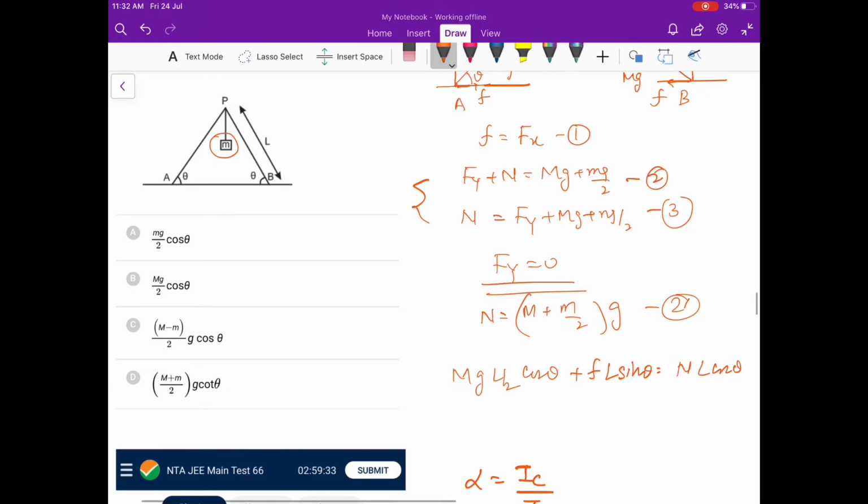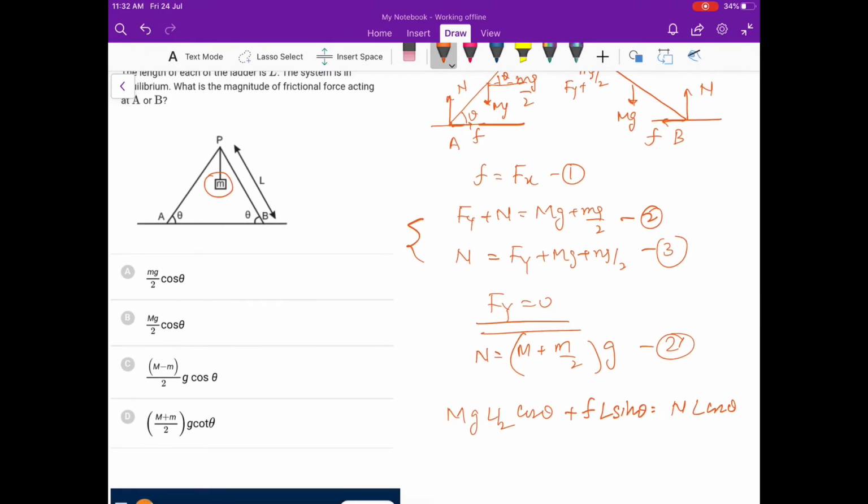So now this L goes. What we have is mg by 2 cos theta plus f sin theta equals N cos theta. This is equation 3 dash. Now we are searching for the value of small f.